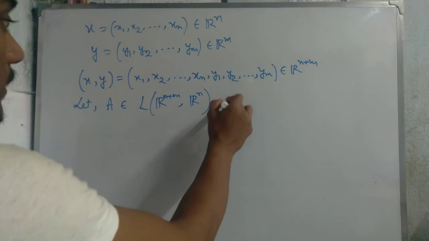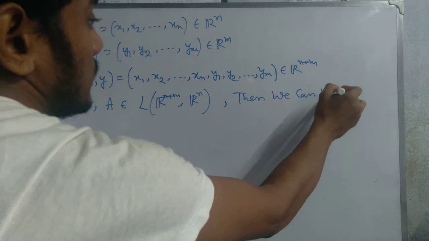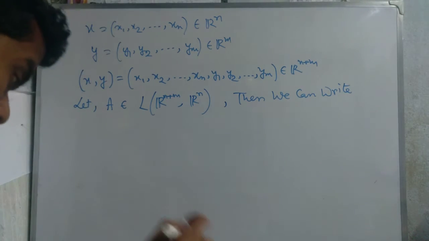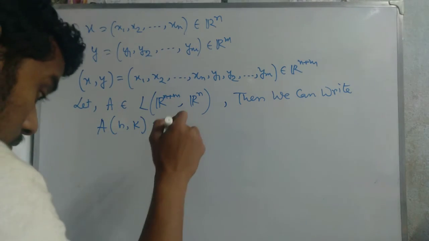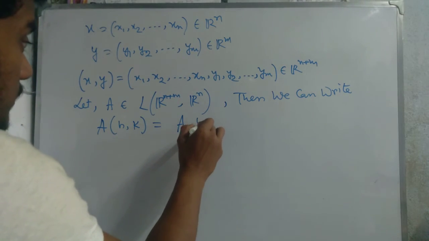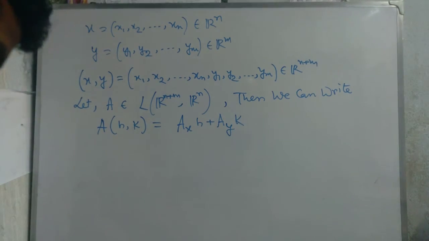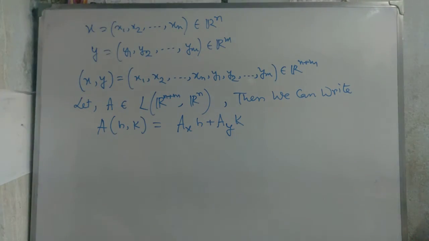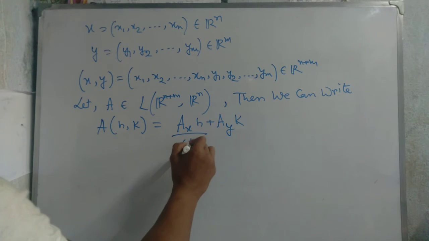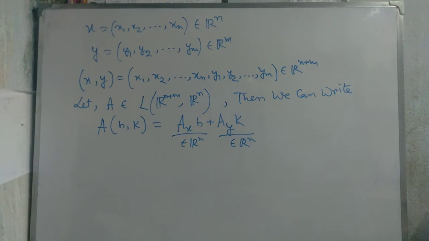Then we can write A(h, k) equal to Ax h plus Ay k. This belongs to Rn, and this one obviously belongs to Rn.